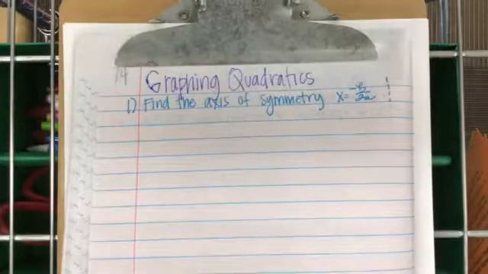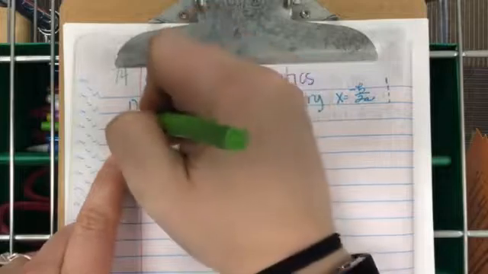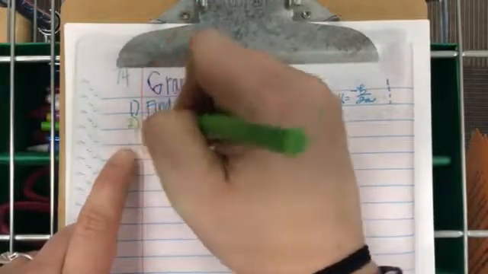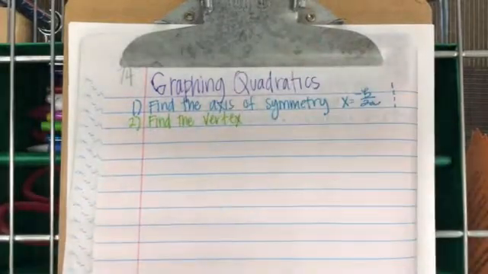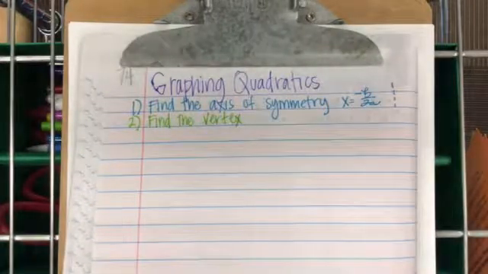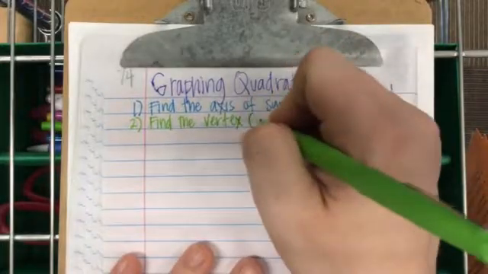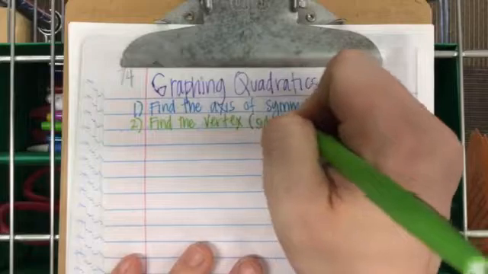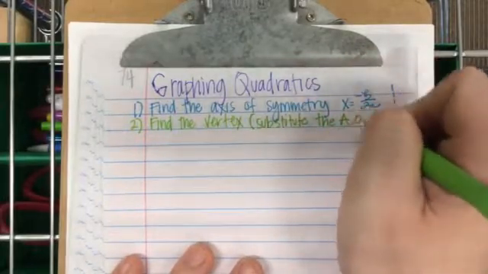After you find the axis of symmetry, you're right, Zach, you take it a step further and you find the vertex. And the steps for finding the vertex, you substitute the AOS.